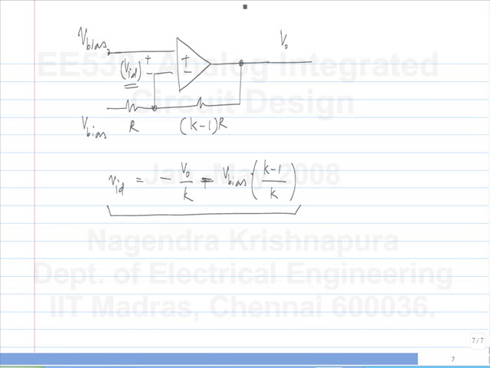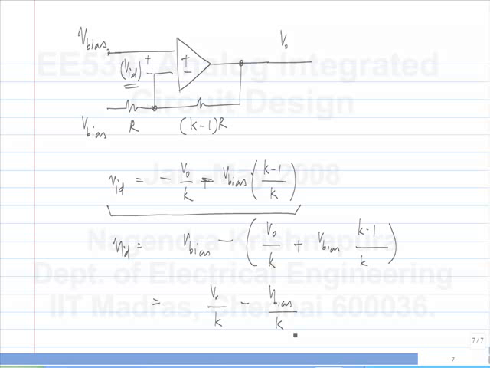So the VID in this case is V bias minus V0 by K plus V bias times K minus 1 by K, which is what? Okay. So the output does get biased at V bias when VID is small. Okay.